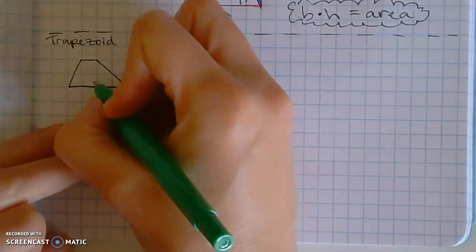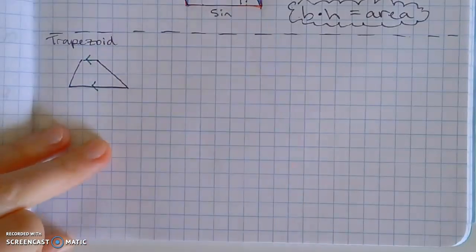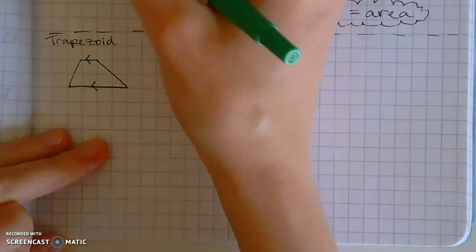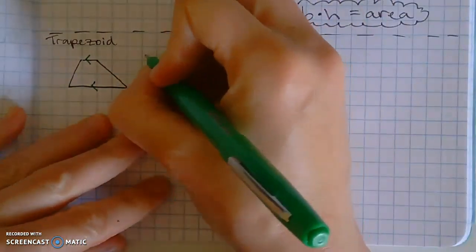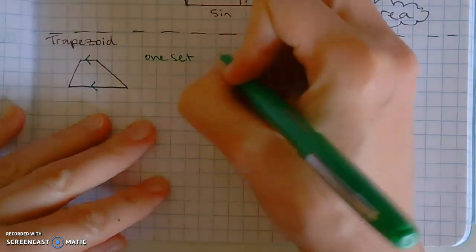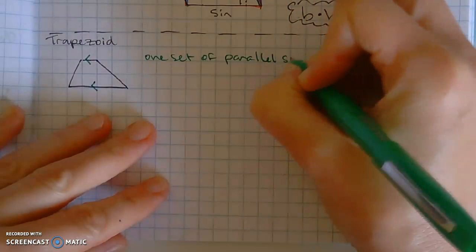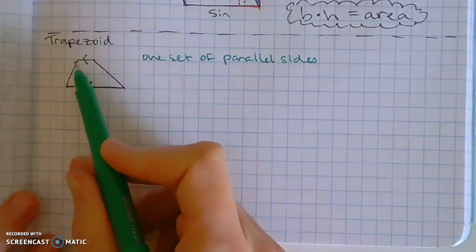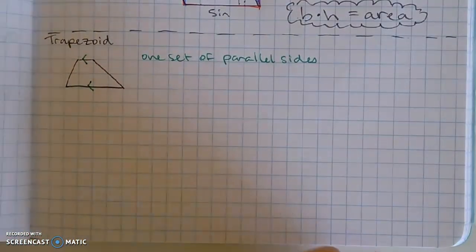So when we show parallel, we do arrows, not dashes, because this means they are parallel, and the straight lines mean they're the same length. So we have one set of parallel sides, okay? So that means these two are never going to intersect, but they are parallel to each other.